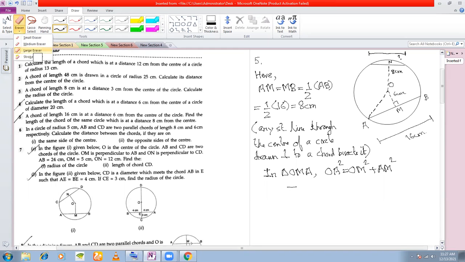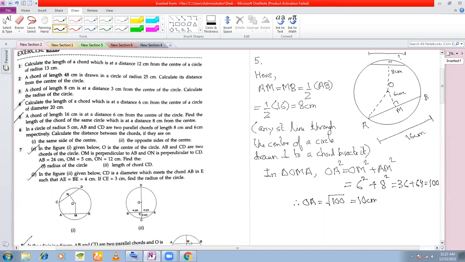So that means OM is 6 and AM, we have found above, is 8. So we get 36 plus 64, which is equal to 100. So therefore, OA is square root of 100, which is equal to 10 centimeter. So radius of the circle we have got as 10 centimeters, right?